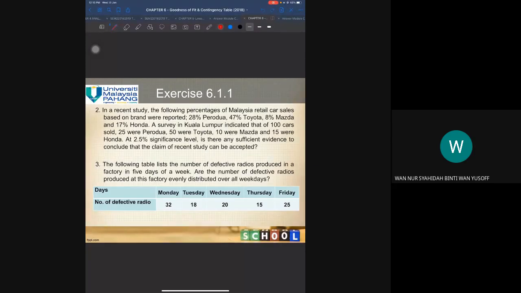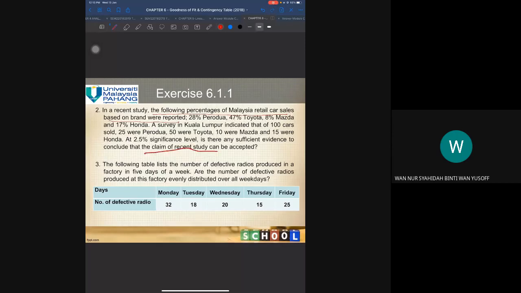Number 2 here: the following are percentages of Malaysia retail car sales based on brand. The question is, at a 2.5% significance level, is there sufficient evidence to conclude that the claim of the recent study can be accepted?